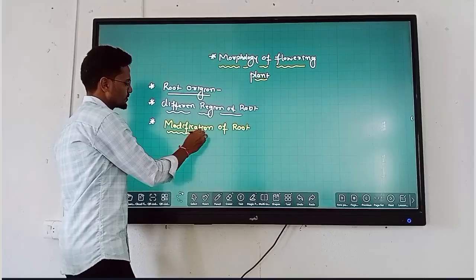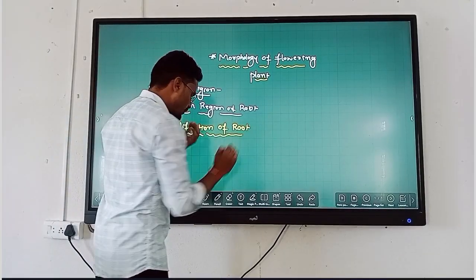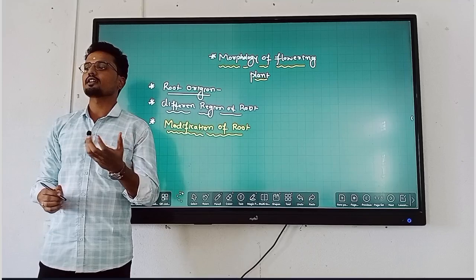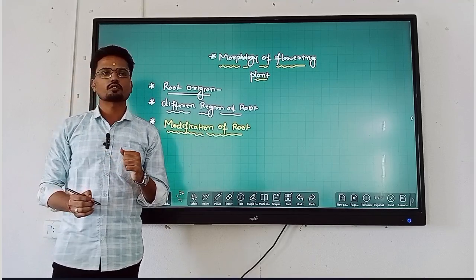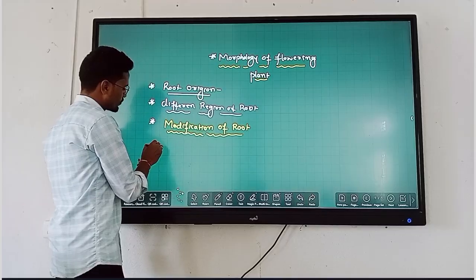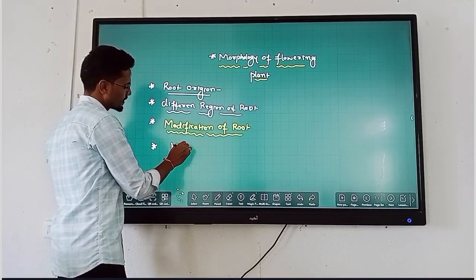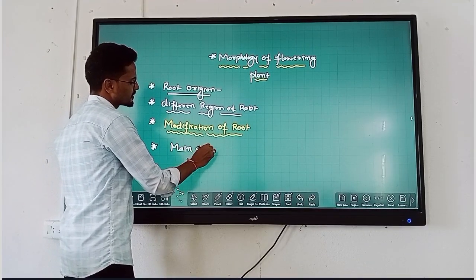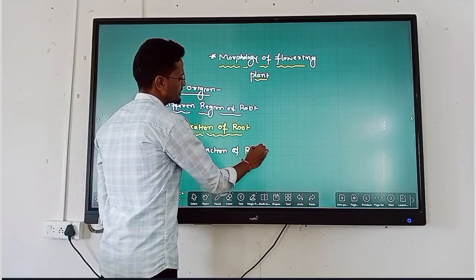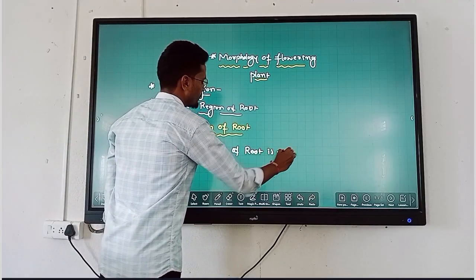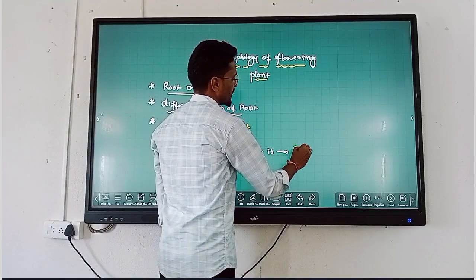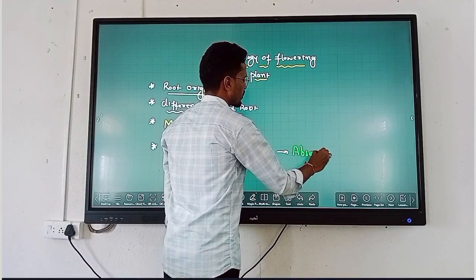Before understanding this modification of root, you should know the main function of root. As we know, the main function of the root is absorption.